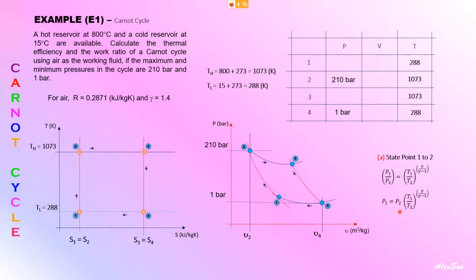Our P2 is 210 bar, T1 and T2 are 288 and 1073, and gamma for air is a standard 1.4. Just substitute the values and then you have your pressure.